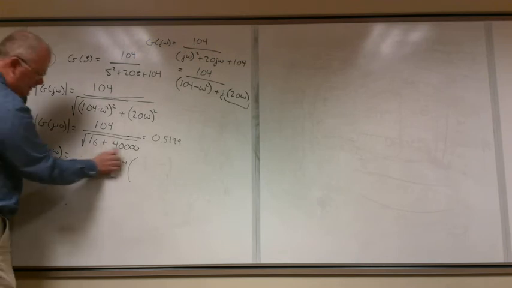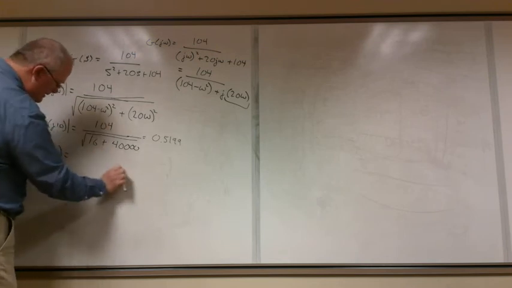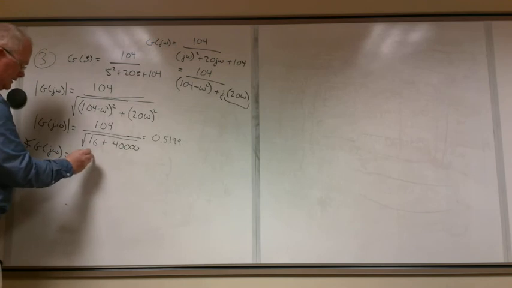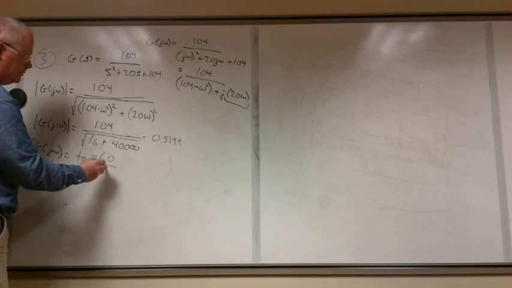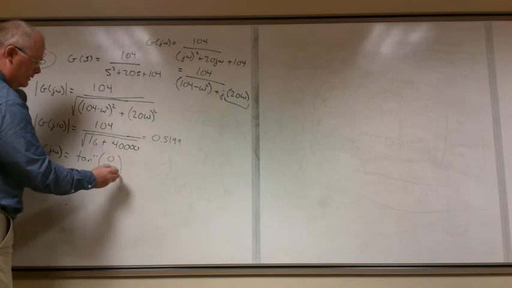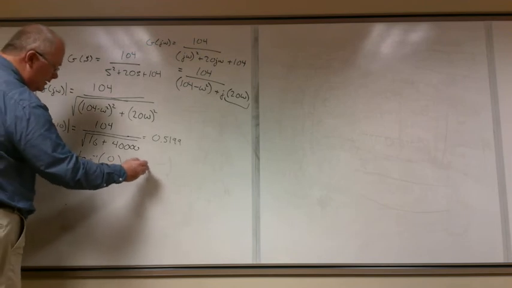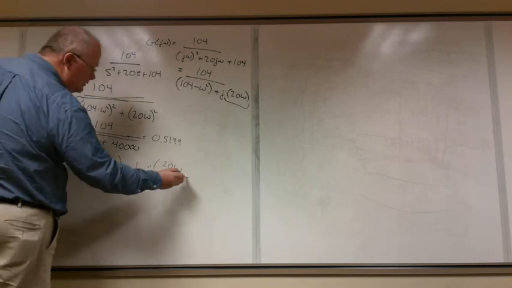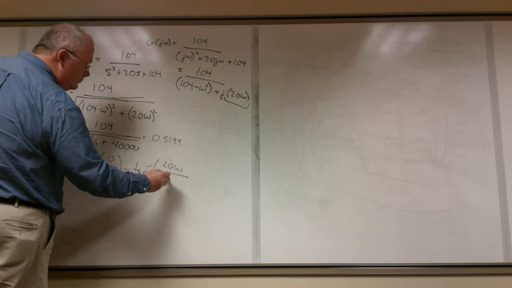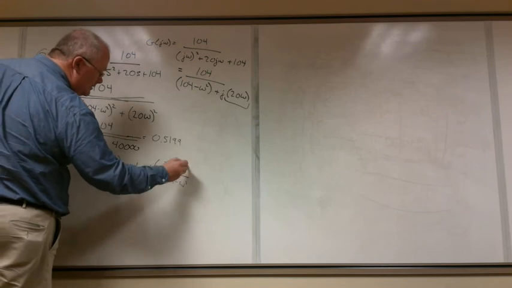I mean, we can actually do that. All right, maybe that's a good idea. It's the inverse tangent of the imaginary part of the numerator, which is 0, over the real part of the numerator, which is 104, minus the inverse tangent of the imaginary part of the denominator, which is 20 omega, do not put in the j, over 104 minus omega squared.